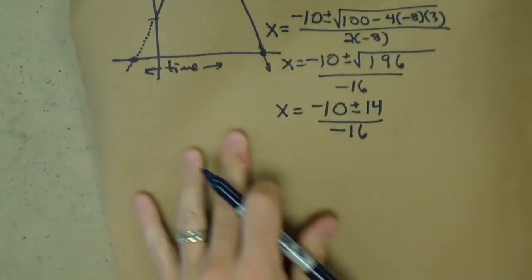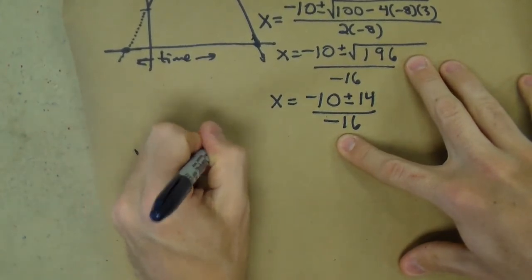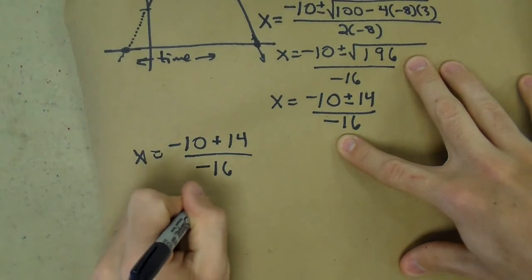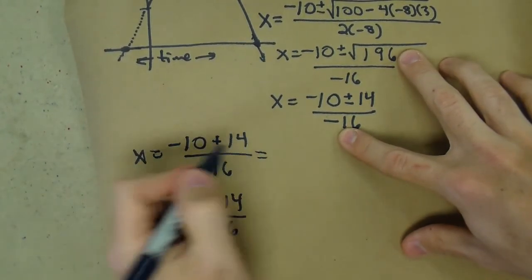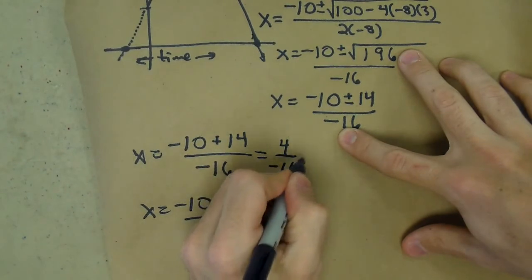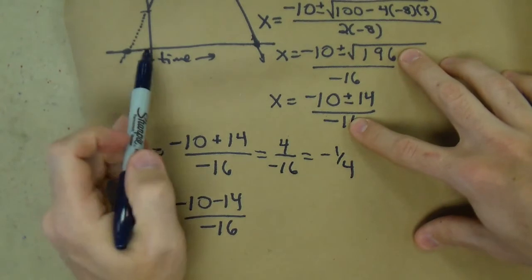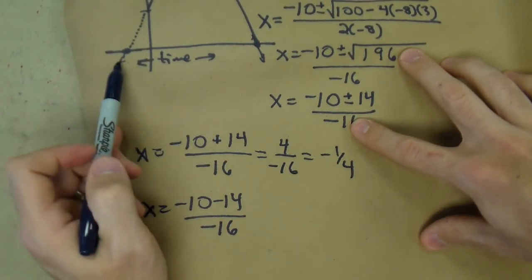So now, one of our solutions is negative 10 plus 14 over negative 16. The other one is negative 10 minus 14 over negative 16. The first one gives me 4 over negative 16, which is negative 1/4. Nice number, good solution, but that's the one that's actually over here, and we don't want to know when time is negative. It doesn't fit the problem.